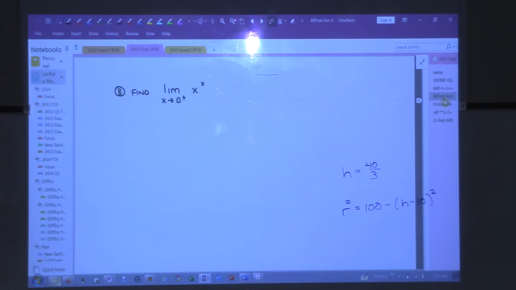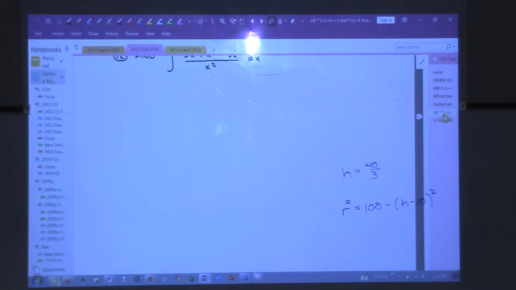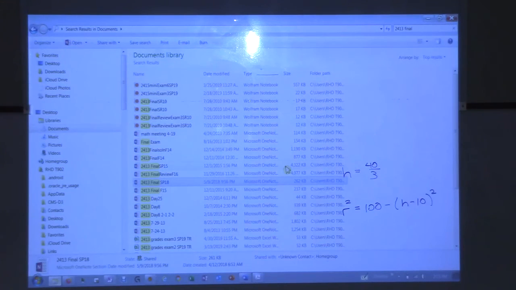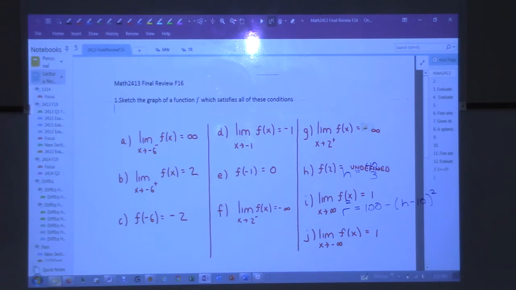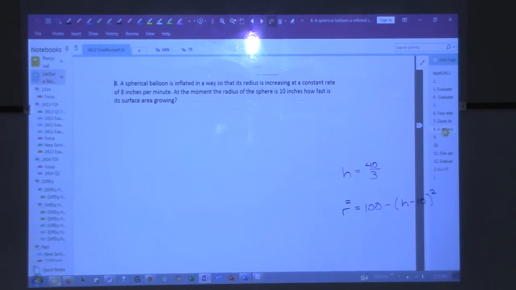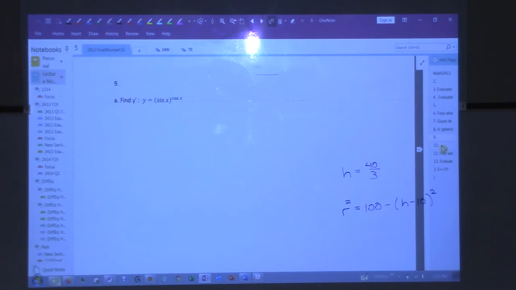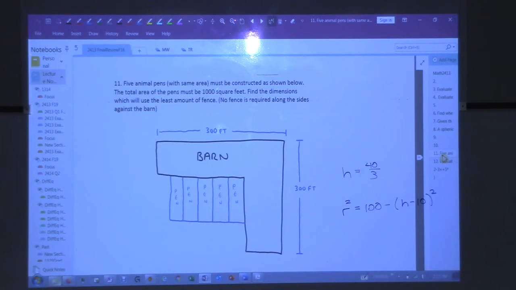No. That's not a final. Oh, look at that, it's a related rate problem. Oh, there we go. I gave a barn problem. That's an optimization problem right there.